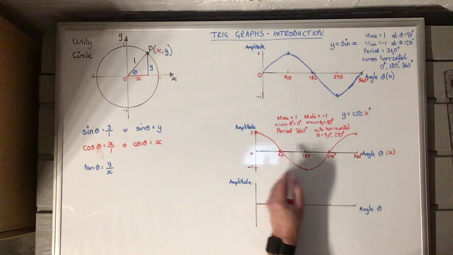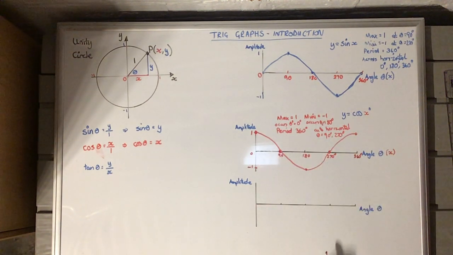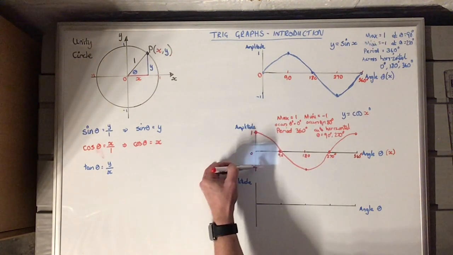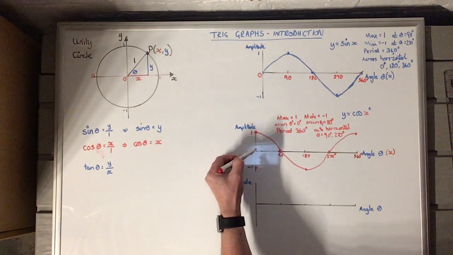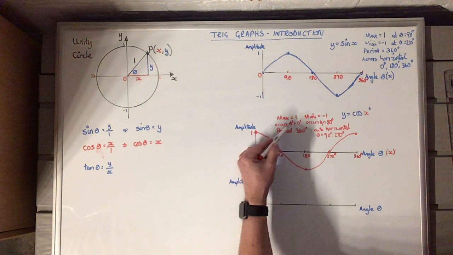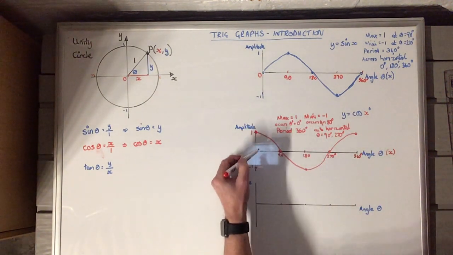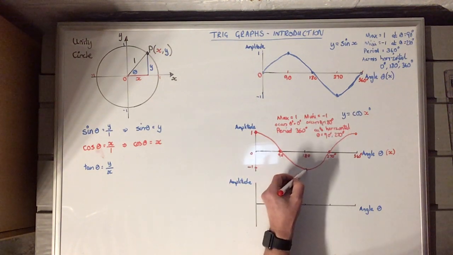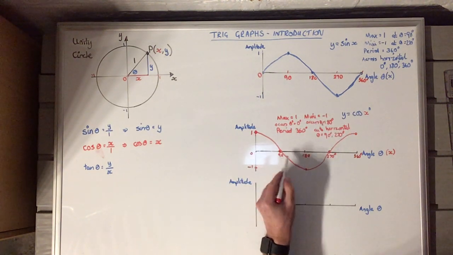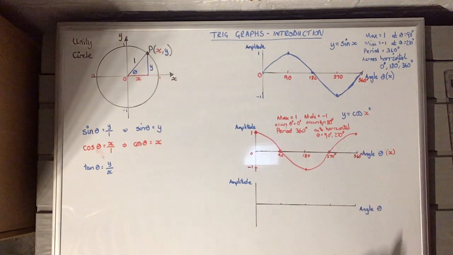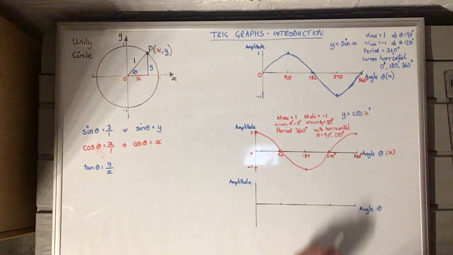So that's that point here and that point here. So maximum 1, minimum -1. It occurs at 0 degrees for the maximum. Also occurs at 360 up there, but we usually take 0 here. And the minimum at 180 degrees, and it cuts at 90 and 270. Again, you have to commit that to memory.